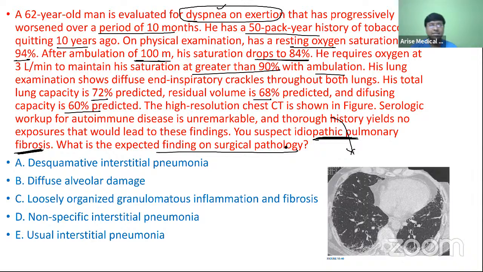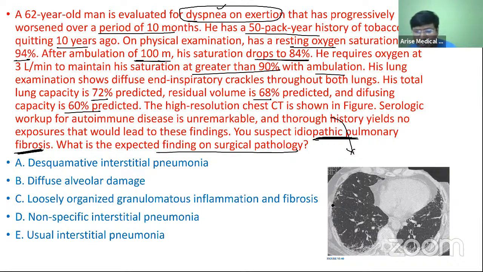So now, what is this entire story? This entire story is a case of idiopathic pulmonary fibrosis. Now, what is the expected finding on surgical pathology? That is the question. Desquamative interstitial pneumonia, diffuse alveolar damage, loosely organized granulomatous inflammation and fibrosis, non-specific interstitial pneumonia, usual interstitial pneumonia.